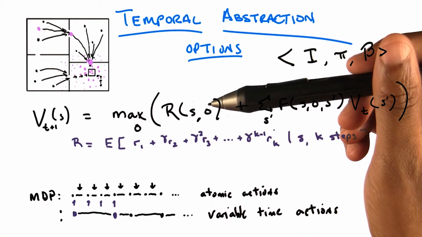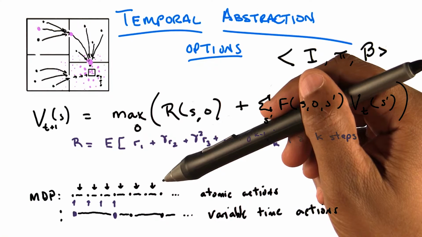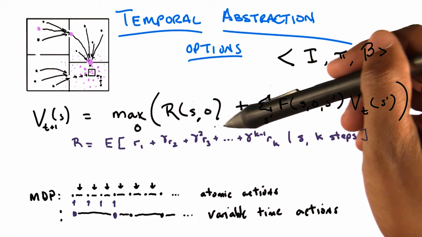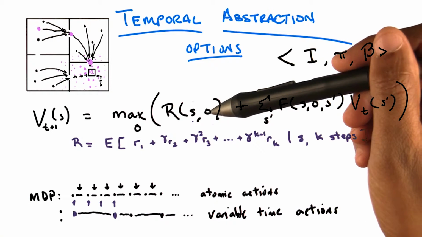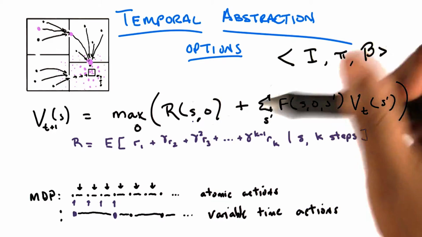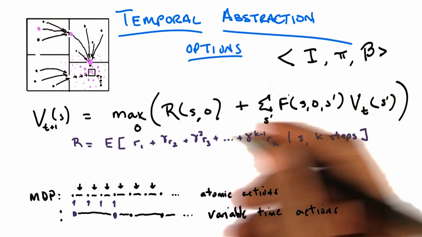And we're keeping that consistent here in this temporally abstract actions setting, by virtue of the fact that the immediate rewards are still discounted according to the true time steps of the underlying process, even though we, as the agent, get to think at a higher level. We get to think about an action taking multiple steps. Right, exactly. And so we do something very similar for F, and we end up with this nice equation.